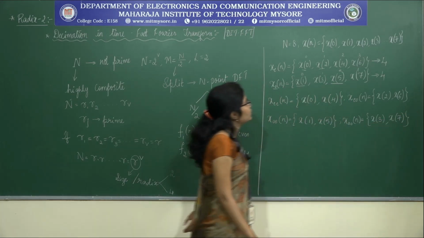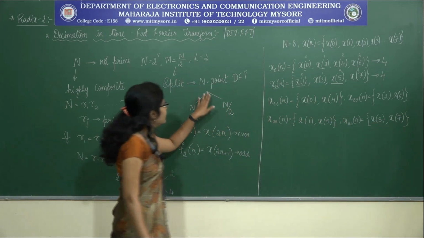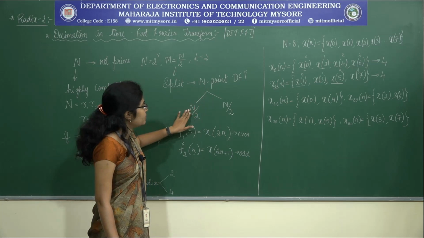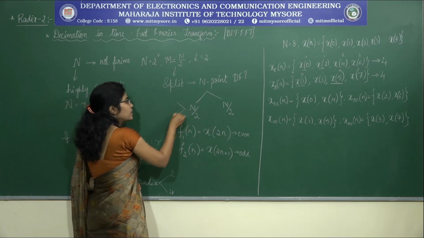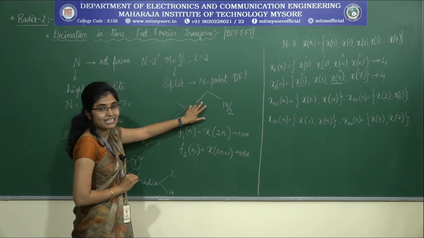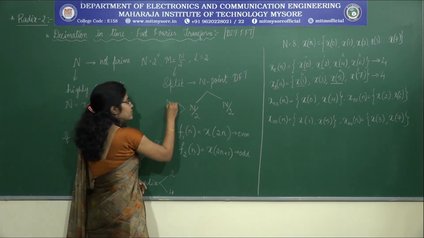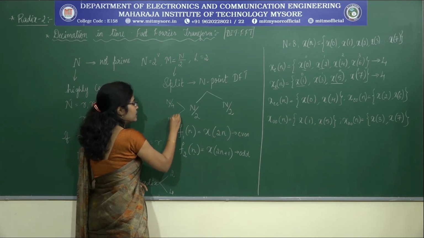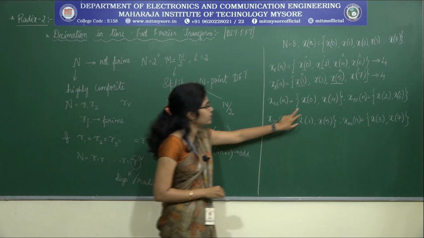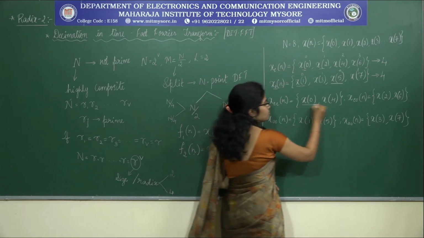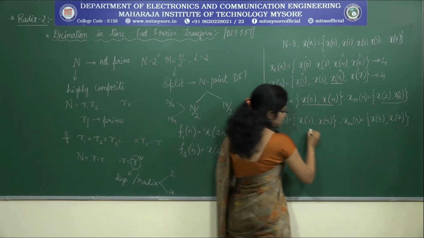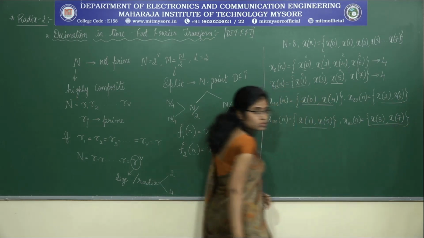So this is what we do in the divide and conquer approach, that is we take the n point DFT and we divide that into n by 2 and n by 2 point DFT. Then we take the n by 2 point DFT, that is the even divided samples, and then we divide it into n by 4 and n by 4. So the value of n is 8, 8 by 4 is 2. So we have 2 samples here, 2 samples here, similarly 2 samples here, 2 samples here.